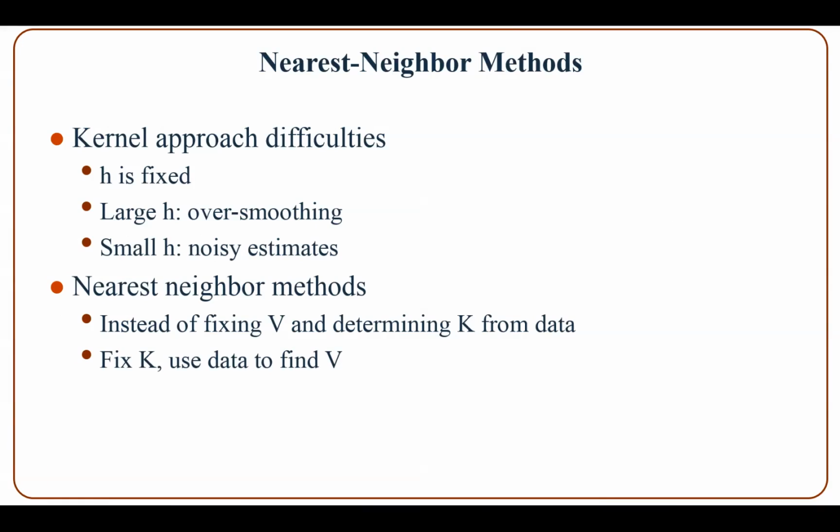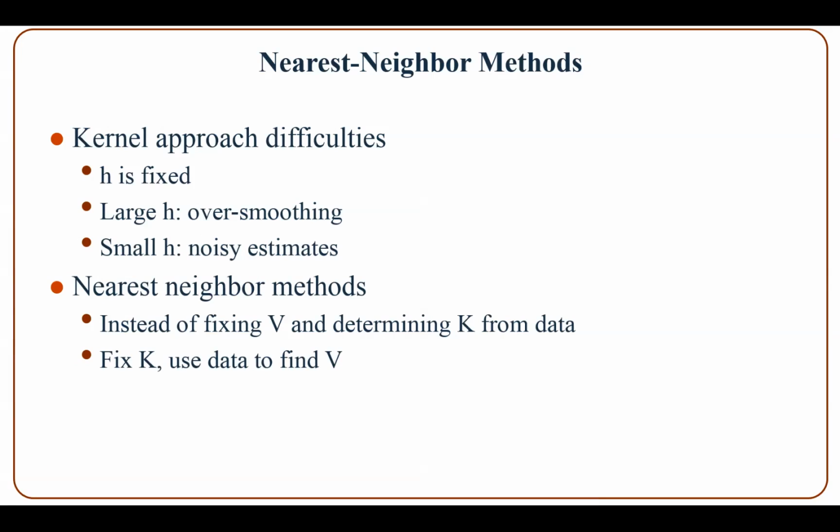One of the difficulties with the kernel approach to density estimation is that the parameter h is fixed. So in the regions of high density, a large value of h causes over-smoothing and washing out of the distribution structure.